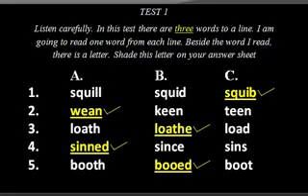In example 5, the word I read was booed, B-O-O-E-D. Booed. Now the other words on the line are booth, B-O-O-T-H. Now this word is booth, which produces an F ending. The TH produces an F ending.